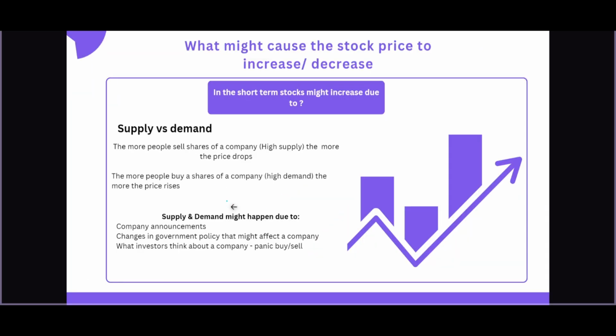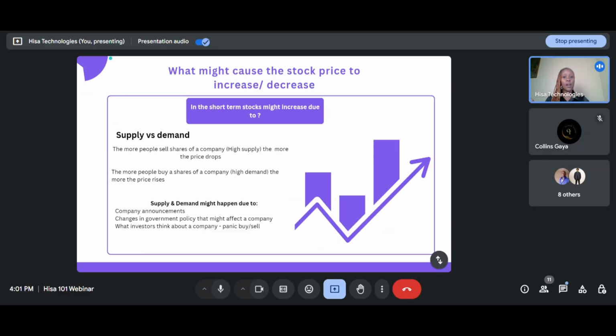Well, it depends on, as we have mentioned, this is a market that you are accessing. So if there's someone who is willing to buy those shares at that specific price, the order will be executed immediately. But if there's no one looking to buy those shares, it might take longer.